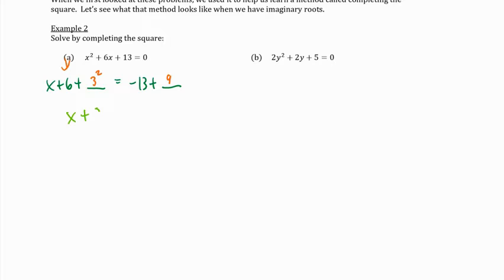That's a perfect square trinomial, of course. Square root both sides. Because I have a negative under the radical, I get imaginary, and the square root of 4 is 2. Subtract 3 from both sides.